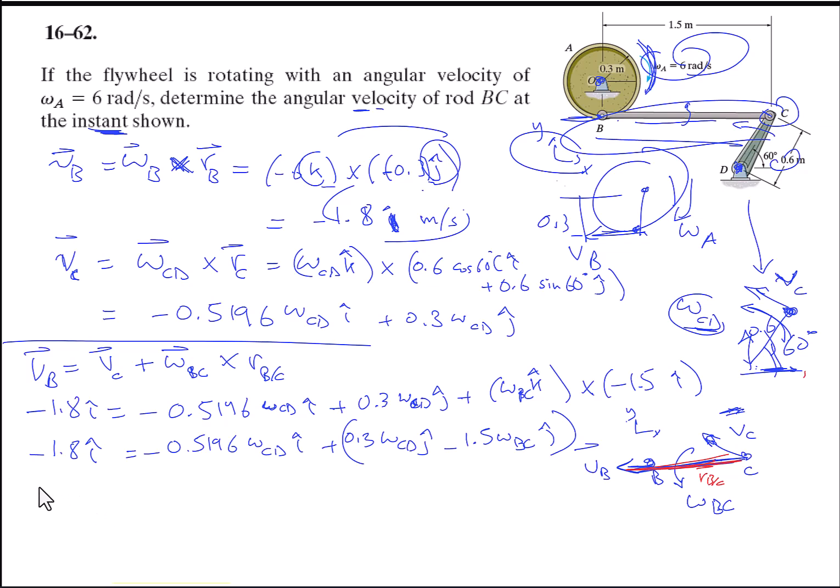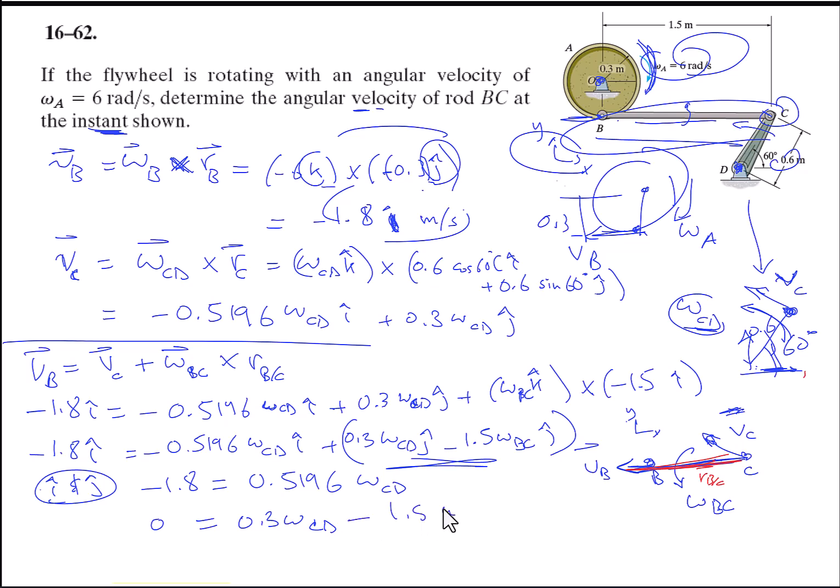When you evaluate each component, i and j, separately, you get 1.8 minus 1.8 equals 0.5196 omega CD in i, and in j, zero equals 0.3 omega CD minus 1.5 omega BC.